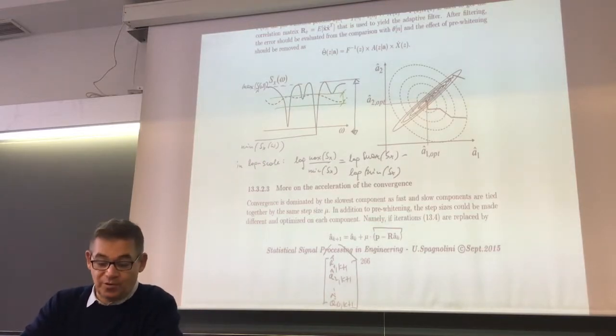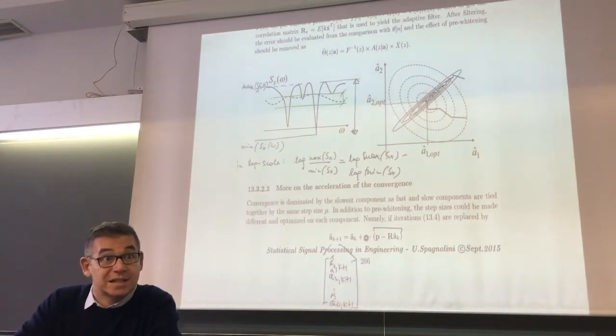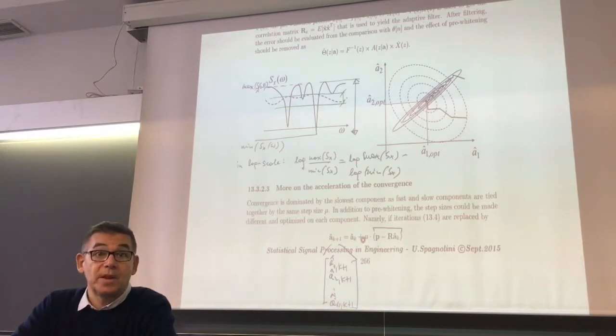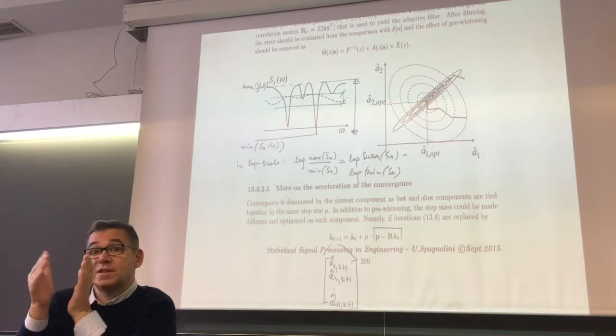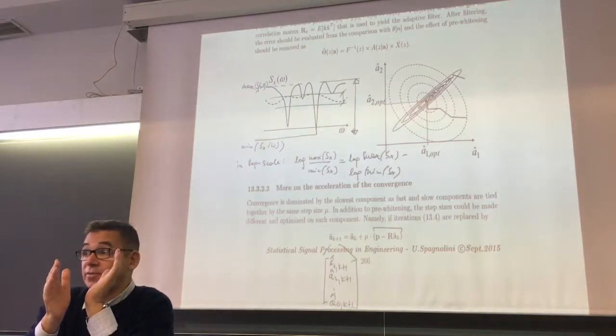So how do I modify this? What if, rather than taking mu as a scalar, I use mu as a matrix? If mu is a matrix, I can calibrate a different step size according to whatever direction I'm considering.